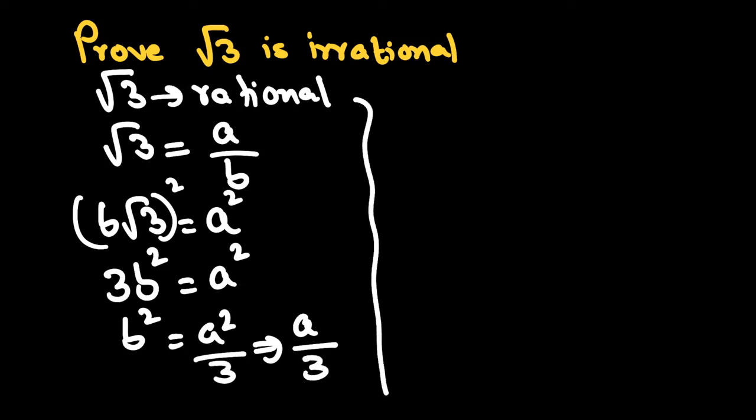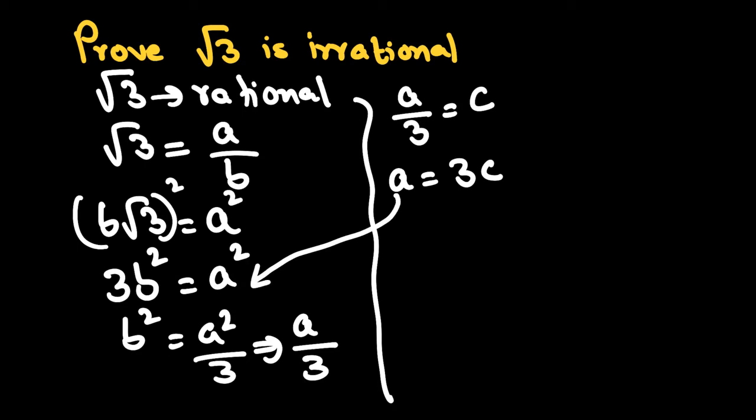Now let us take a over 3 to be equal to some integer c. Then by cross multiplying, we will have a equal to 3c. Let us plug the value of a equal to 3c in this equation.